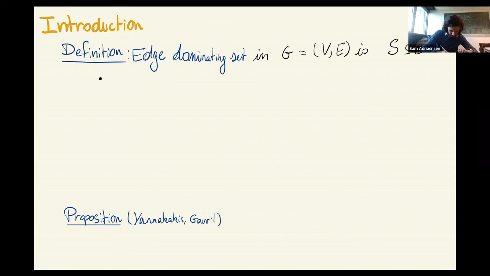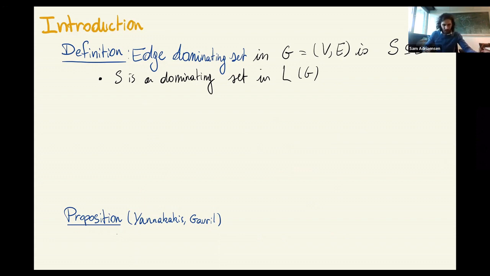Either you can say that it's a dominating set in the line graph of G. So this means that any edge is at distance at most 1 of S. This means that any edge is either contained in S, or there is another edge.